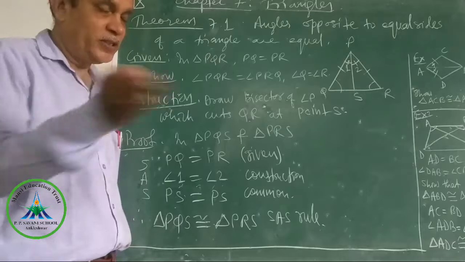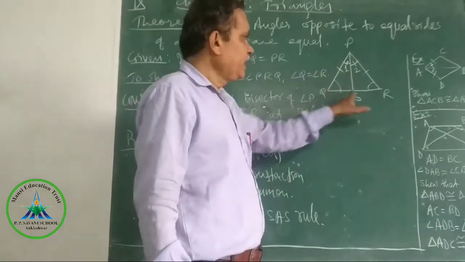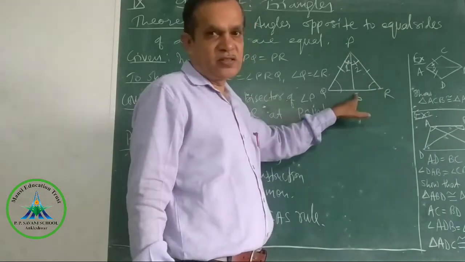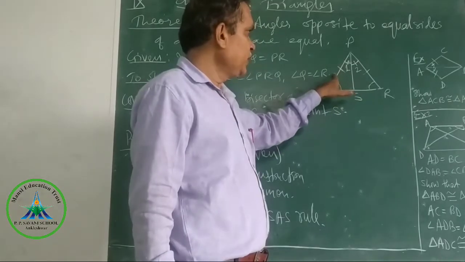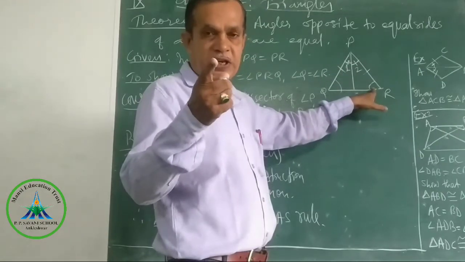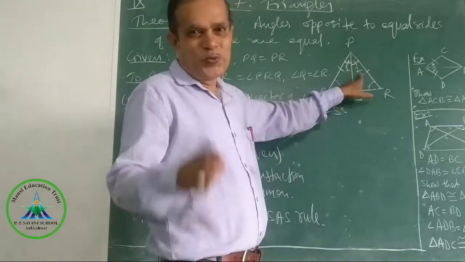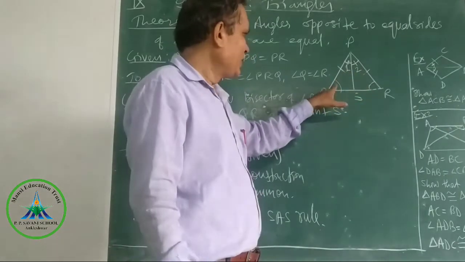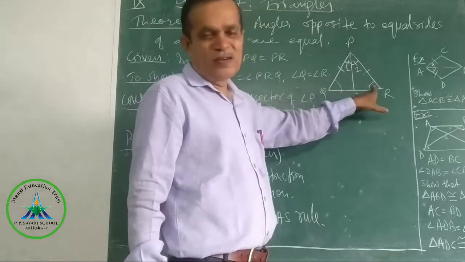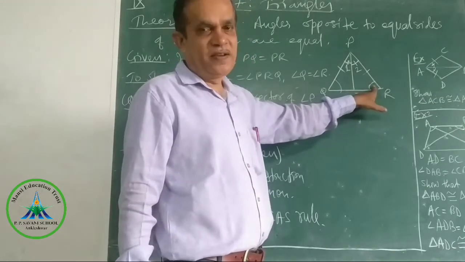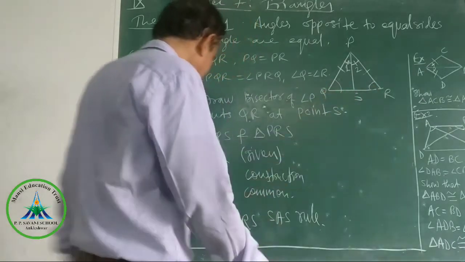Now let's see. Look here. PQS congruent PRS. Therefore, PQ equal to PR, already given. Angle 1 equal to angle 2, construction. Therefore, angle Q equal to angle R, CPCT.